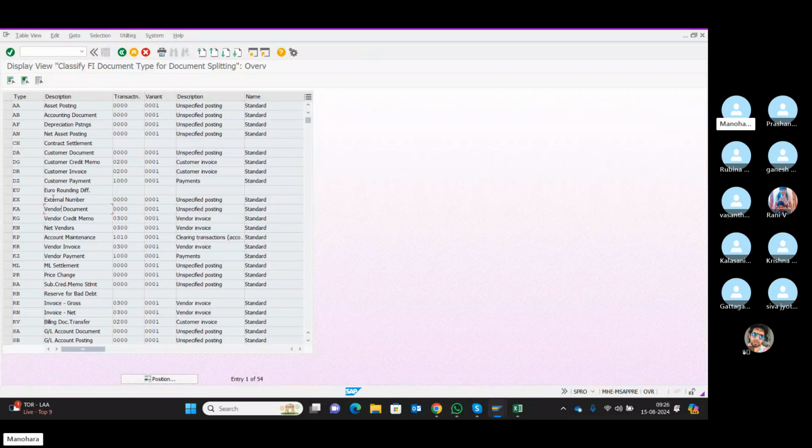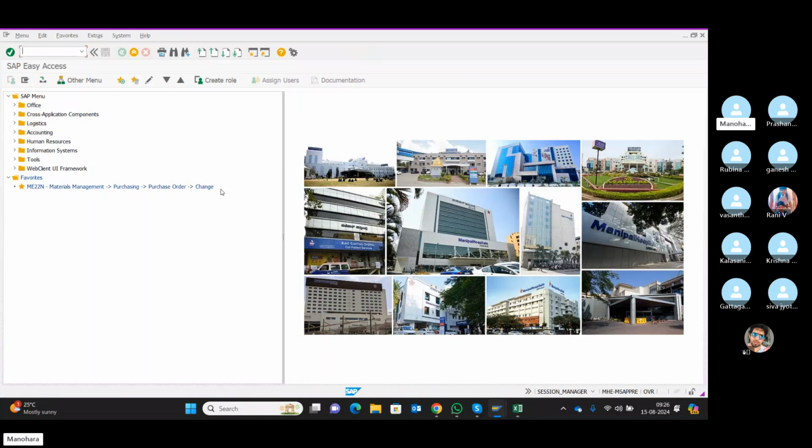We have no need to configure anything; the system will give this standard. For example, K document, dash 02.